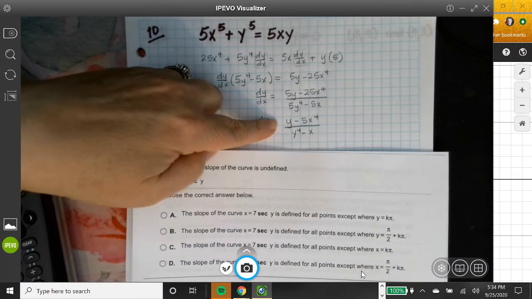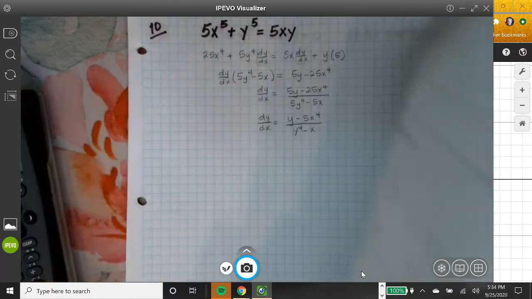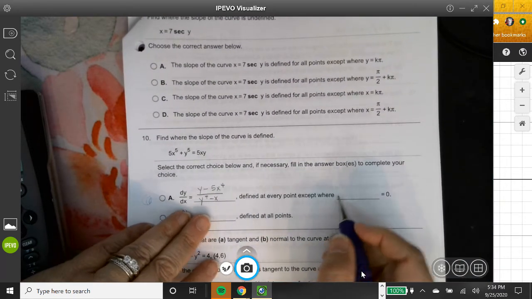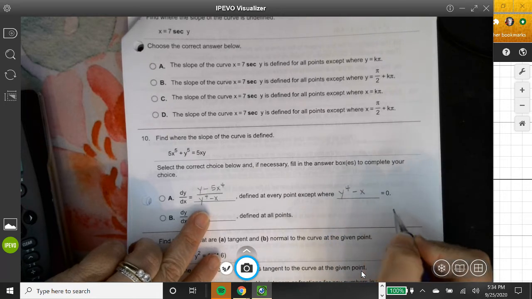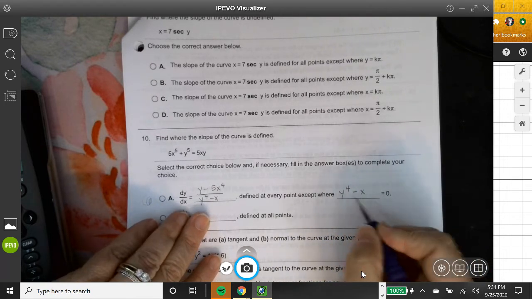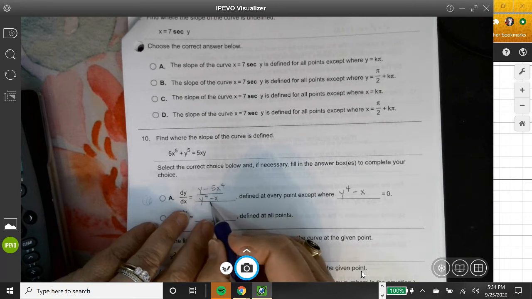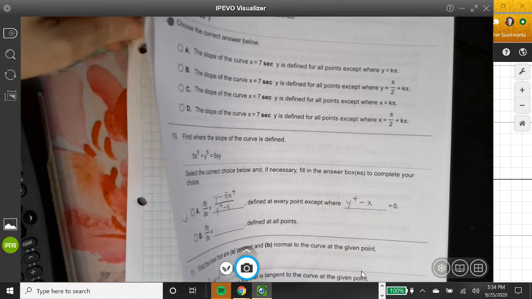Okay, I copied it right. It's defined at every point except where y to the fourth minus x equals 0. Right, so that's what this problem is looking for. This expression will be undefined when this is equal to 0. Okay, so that's example number 10.